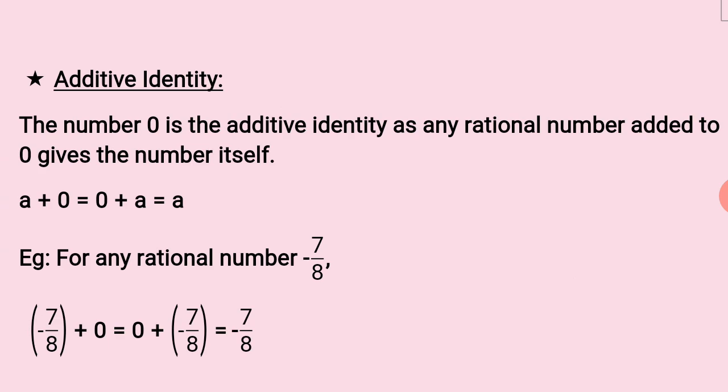Here the additive identity is 0, because when you add 0 to any number you get the number itself. That is what we call identity. So additive identity is nothing but the number 0. That is why it is written here a plus 0 equal to 0 plus a, which is equal to a. We have taken an example, a rational number minus 7 by 8. You just add 0 to it, you get the same number. Let's move to the next one.